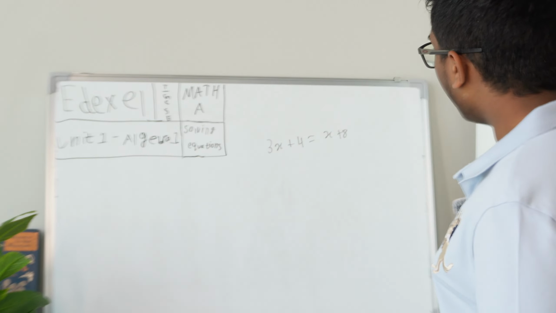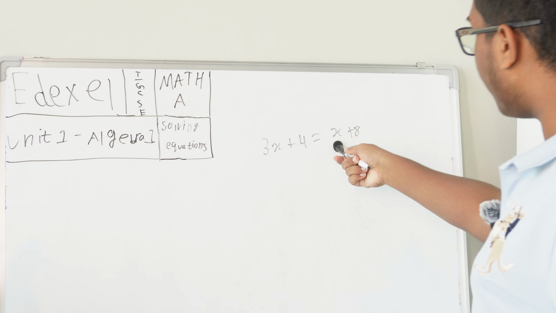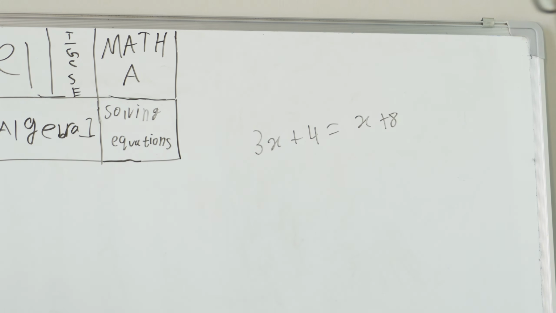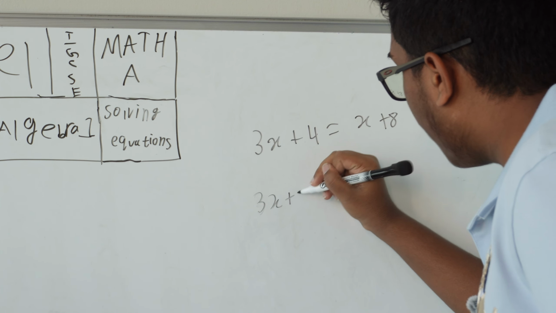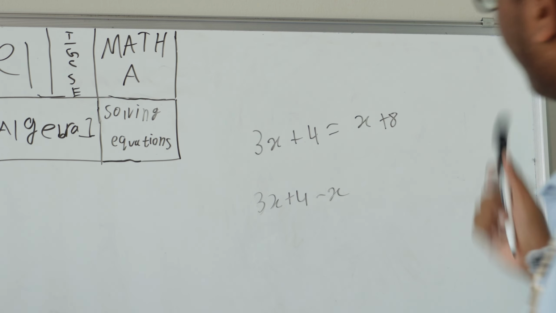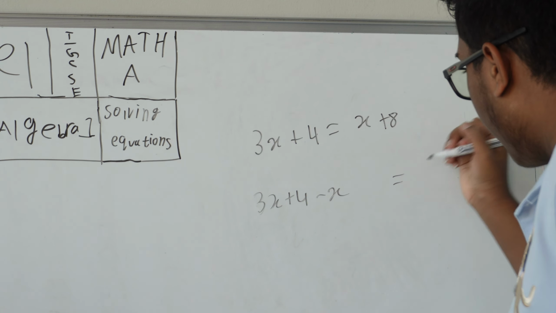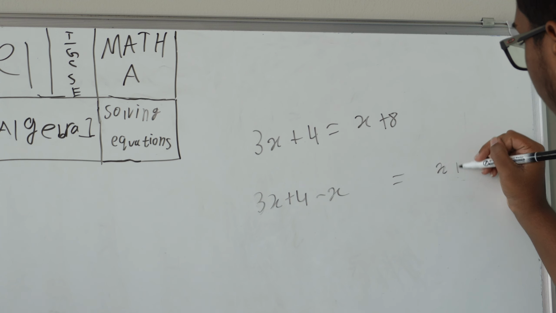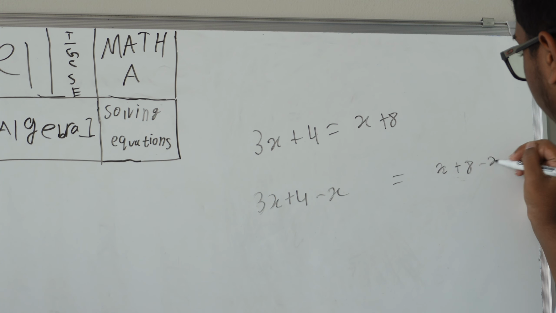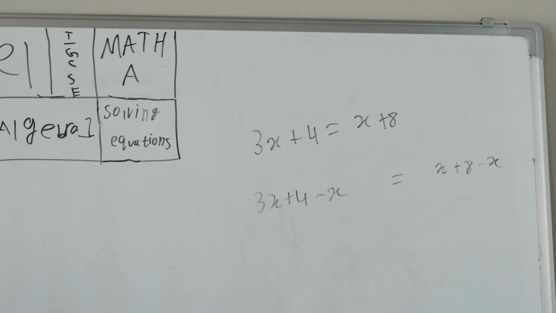Alright? So what we're going to do is take this and subtract x from both sides. So in this case 3x plus 4 minus x is equal to x plus 8 minus x. But now what we also want to do here is move this to this side.